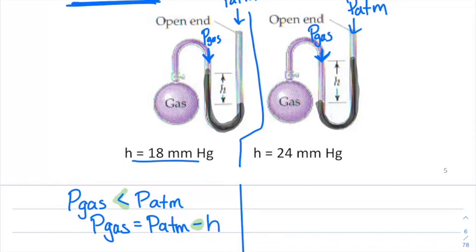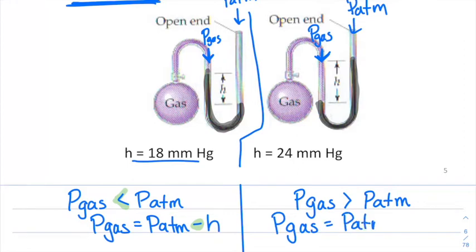The gas is able to push it further away. Therefore, the pressure of the gas is stronger, or we can say it's greater than the pressure of the atmosphere. So pressure of the gas greater than the pressure of the atmosphere. And because it's greater, I'm going to say the pressure of the gas equals pressure of the atmosphere, and now it is plus H.